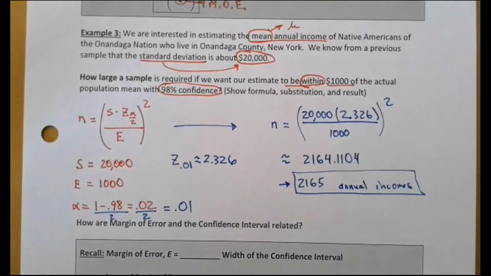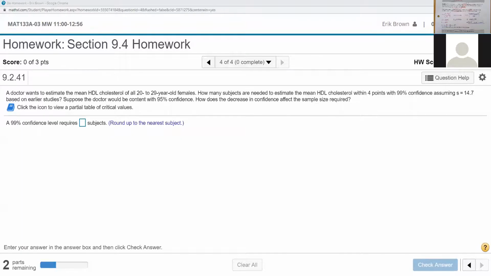So let me share my screen. Here's an example of my MyStatLab question. A doctor wants to estimate the mean HDL cholesterol of these 20 to 29-year-old females. How many subjects are needed to estimate the mean with 99% confidence, assuming S is 14.7 based on earlier studies?